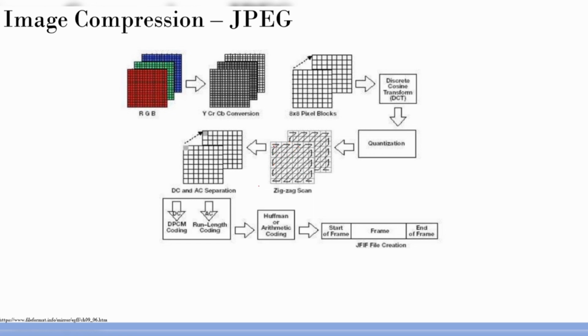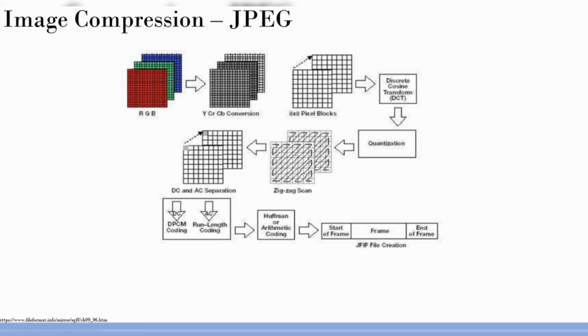Another thing is that this frequency and this frequency are closely related, and this frequency and this frequency are closely related. That's the reason they choose this zigzag pattern instead of the raster scan pattern. So you do the quantization, then the zigzag arrangement, and after that you have a vector.